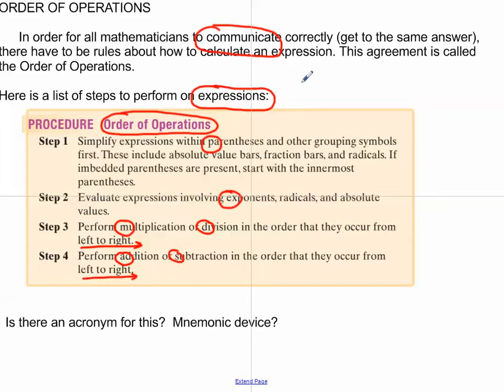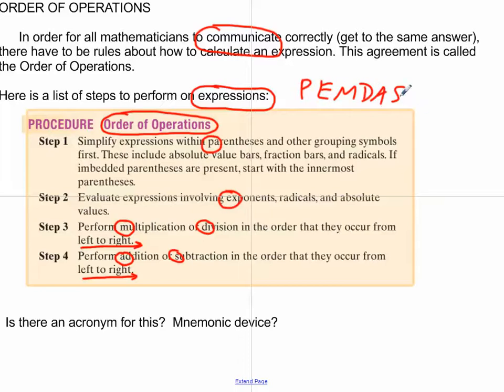So a lot of people might say, put all these together, we've got something like this: PEMDAS. Some people recognize this from earlier experiences. PEMDAS could be remembered as please excuse my dear Aunt Sally, or other things you can come up with if you're creative.